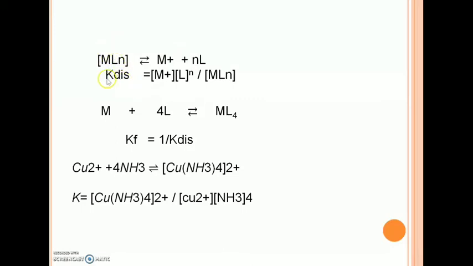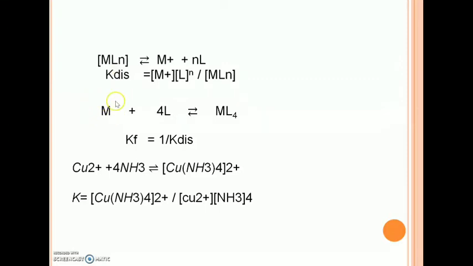And if the dissociation constant is less, the complex is more stable. That is, the dissociation constant and stability are inversely proportional. If the dissociation constant increases, the stability decreases, and if the dissociation constant decreases, the stability increases.